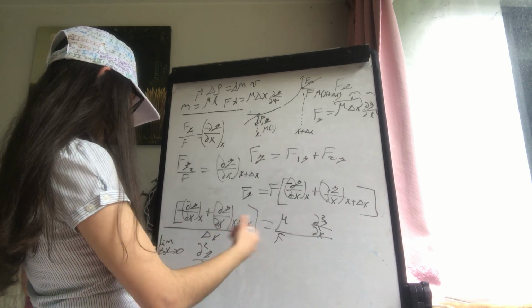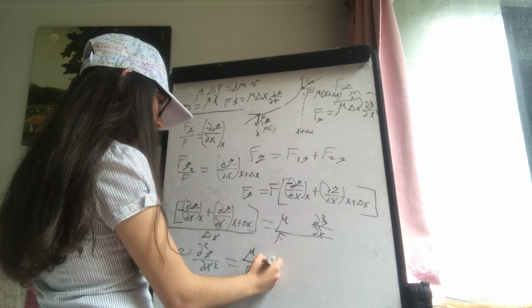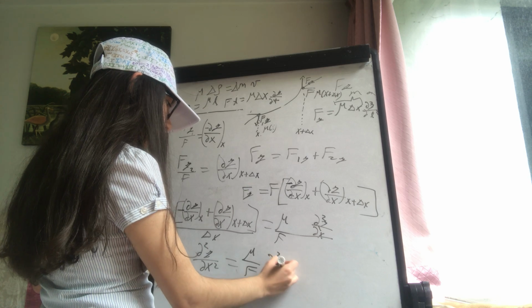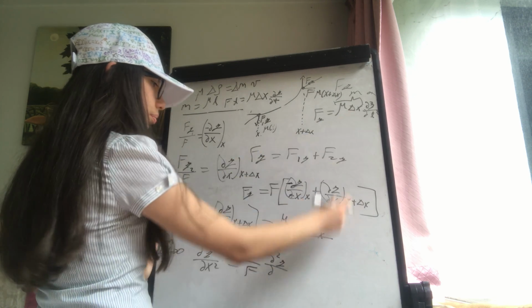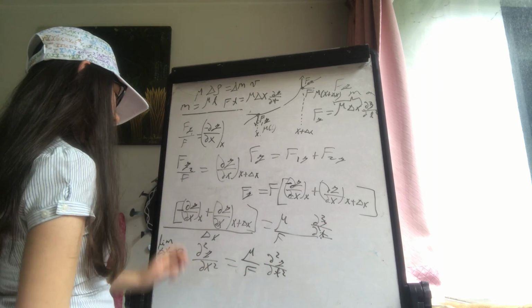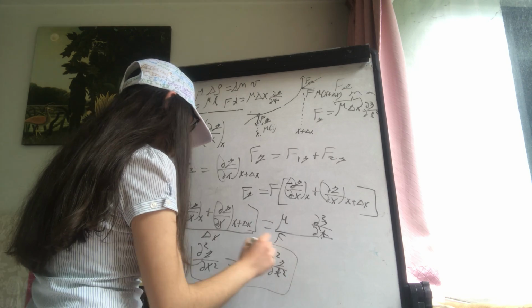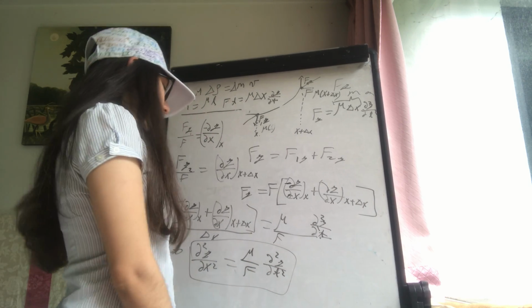Here I don't have any delta x, so it's just the mass per unit of length divided by the force times the second partial derivative of y with respect to time. And this has the same form as the wave equation that we derived yesterday.